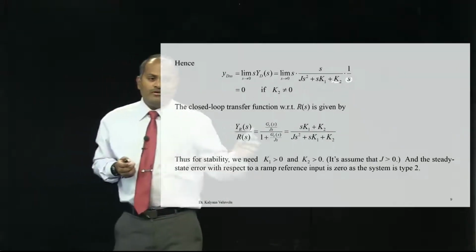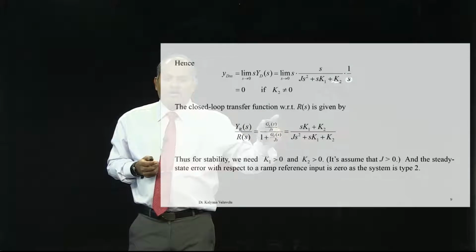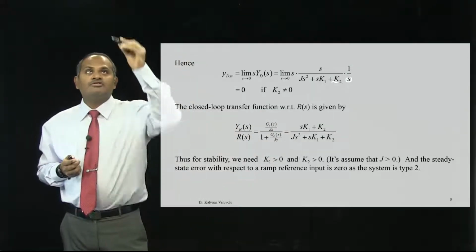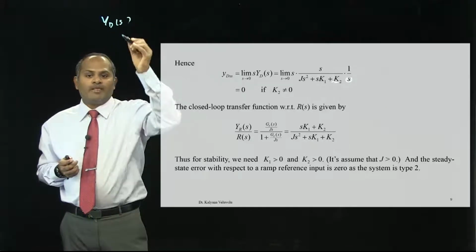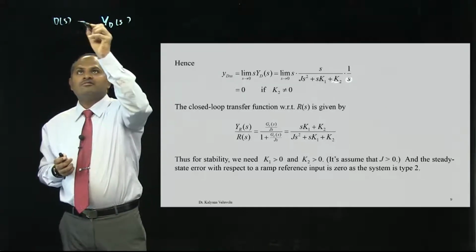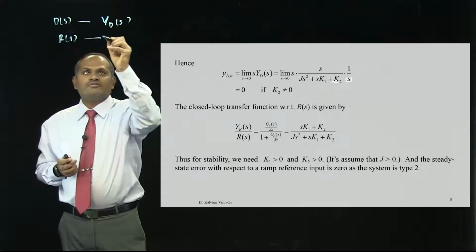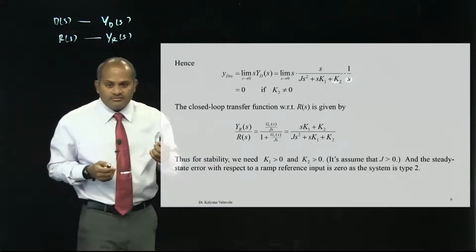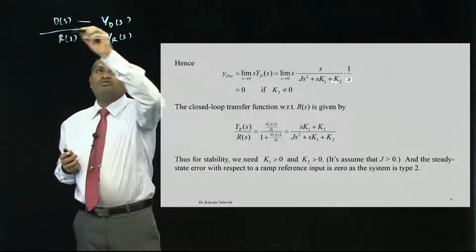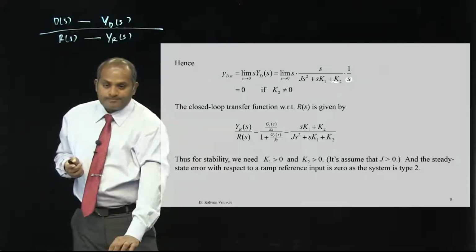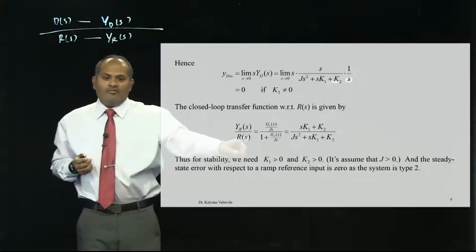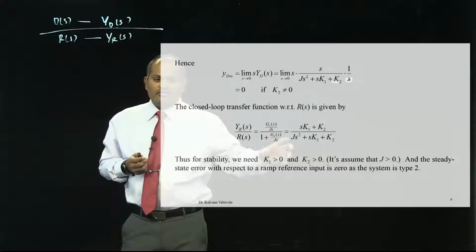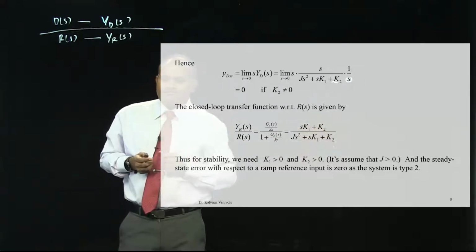Because you have two inputs, I specify Yd of s as the output due to disturbance, and due to R of s we specify Yr of s. By taking these two separately, we actually solve these two conditions separately. So, Yr by R of s I get as G of s by s. So, I can formulate the nice transfer function.